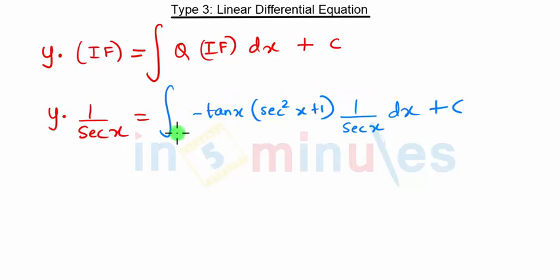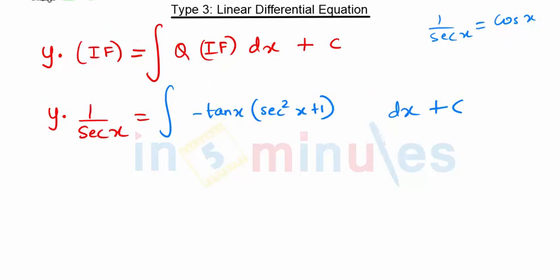Now we have to find the integration of this part. 1 upon sec x is nothing but cos x, so this can be replaced by cos x.